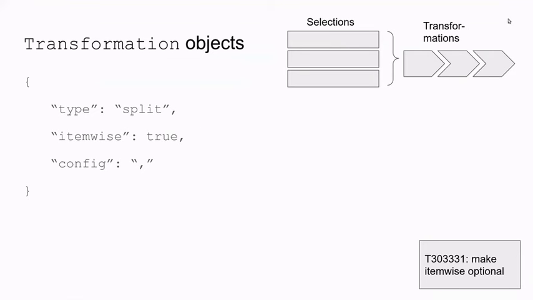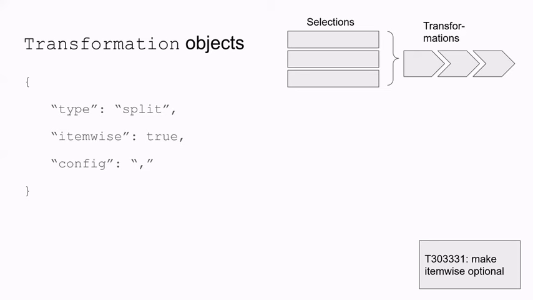We have here these selections, which output something that is the input for the transformation step. This thing that the selection output is actually a list of values. The item-wise property just says, if I want to apply the transformation item per item, or if I want to apply it to the array as a whole.